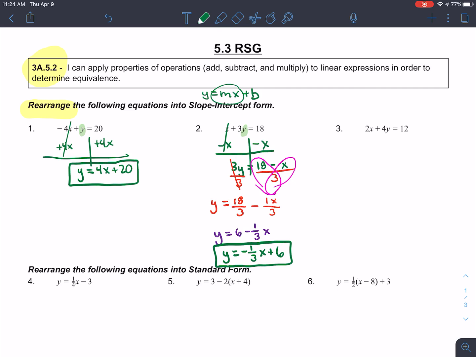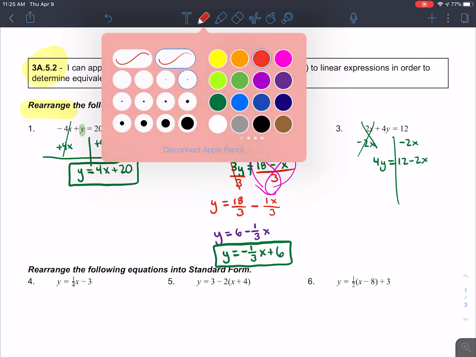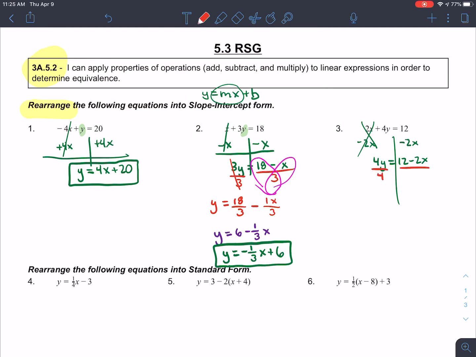Now in number 3, a little bit more of the same. First things first, move over the 2x. Okay, gotta cancel. So I get 4y equals 12 minus 2x. Then I'm going to divide everything by 4, which cancels the 4. So now I get y equals 12 over 4 minus 2x over 4.